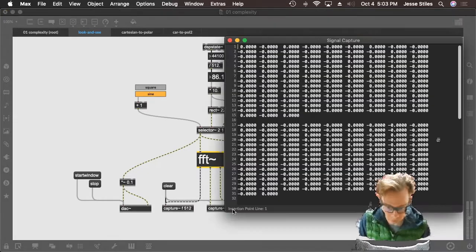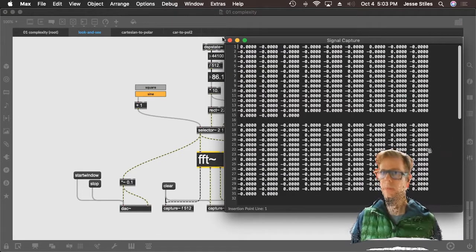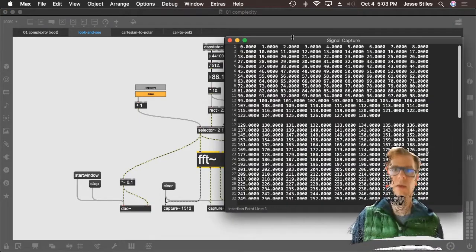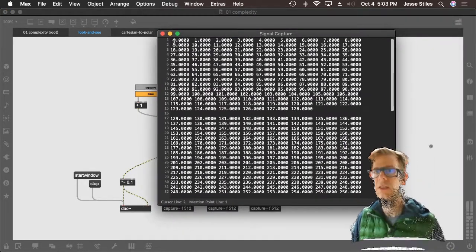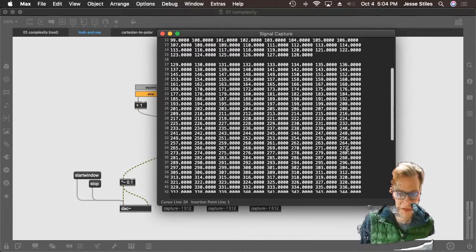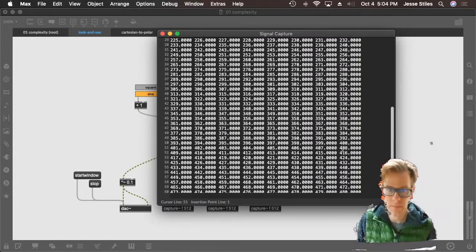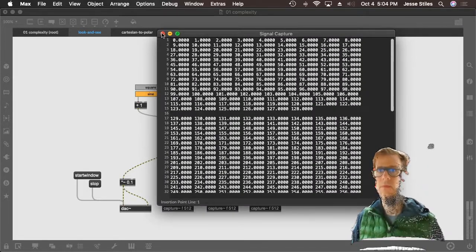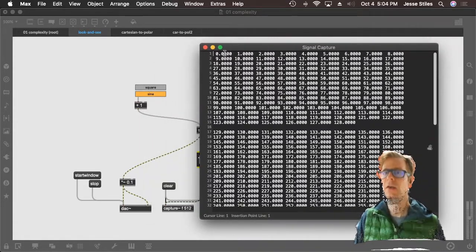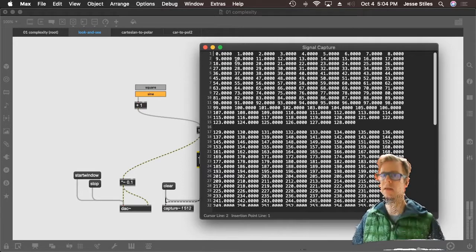Let's look at this one. So here, this is just zeros everywhere. Interesting. And let's look at this third one. This one seems to be a list that's going up by 1 for every value, and it's going to go up to 511 and then wrap around again. So this one is just a list that tells us the frequency bin that is being captured at that instant in the signal.